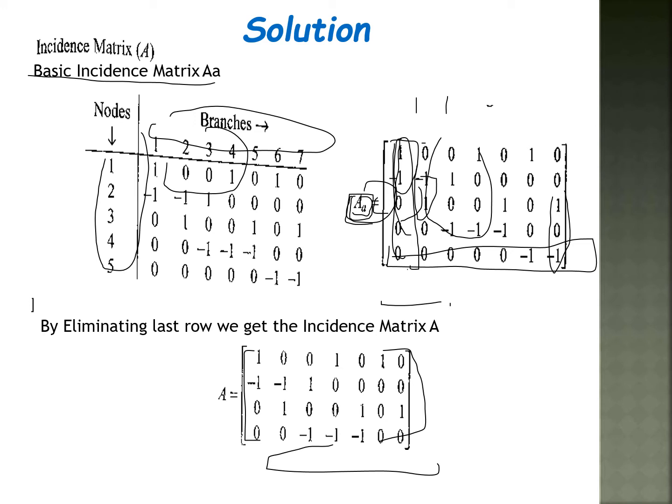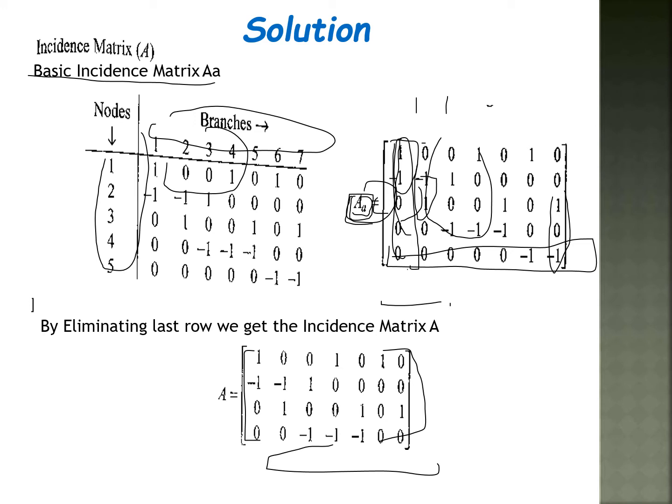A complete incident matrix means it satisfies the condition that every column consists of 2 non-zero elements, 1 and minus 1. By adding those 2 non-zero elements, the sum becomes 0: 1 minus 1 equals 0. So it is a complete incident matrix.